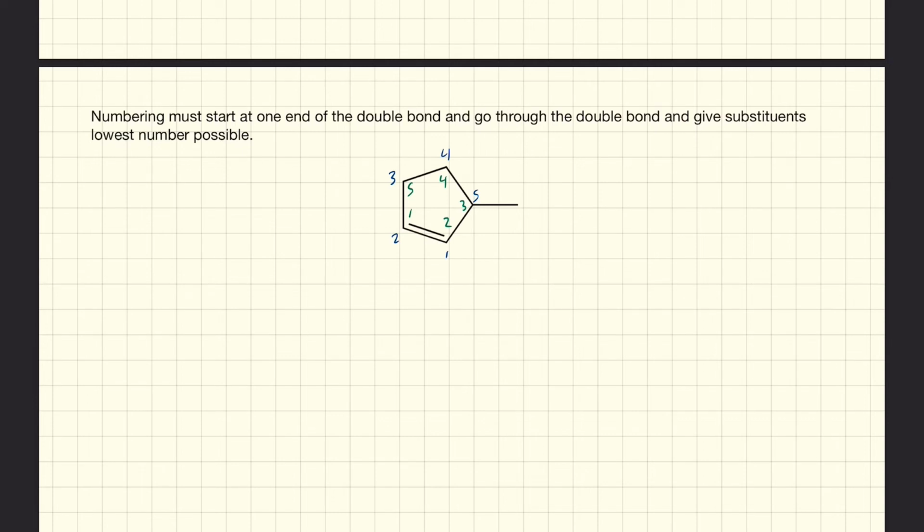So you have to give the double bond the lowest number first. Then after that, you give the substituents the lowest number first. So here, the methyl group's going to be in the 3 position if I use green, or the 5 position if I use blue. So we're going to use the green, okay?